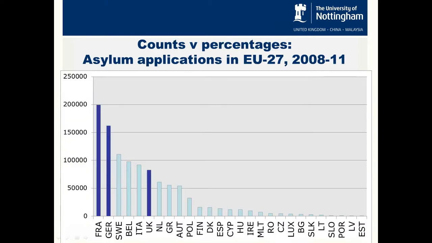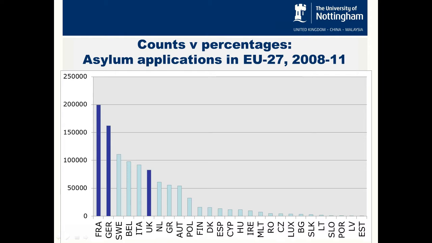Then we need to think about the differences in what information is conveyed by what type of numbers we use. So if we look at this chart, this is showing the number of asylum applications received in each of the 27 EU member states between 2008 and 2011.